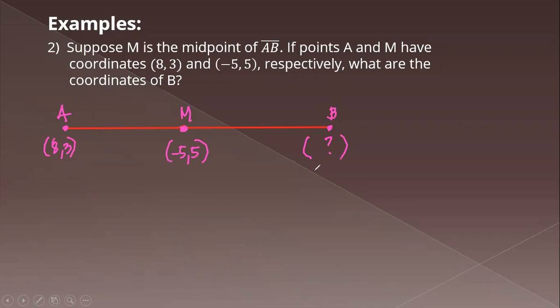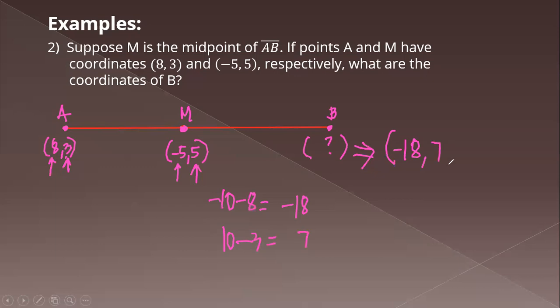In short, you have to double the coordinates of the midpoint and then subtract the coordinates of A. Negative 5 times 2 is negative 10. Negative 10 minus 8 is equal to negative 18. So the coordinates of our B is negative 18, comma, then twice the y coordinate: 5 times 2 is 10, minus the y coordinate in A, which is 3, so this is equal to 7.